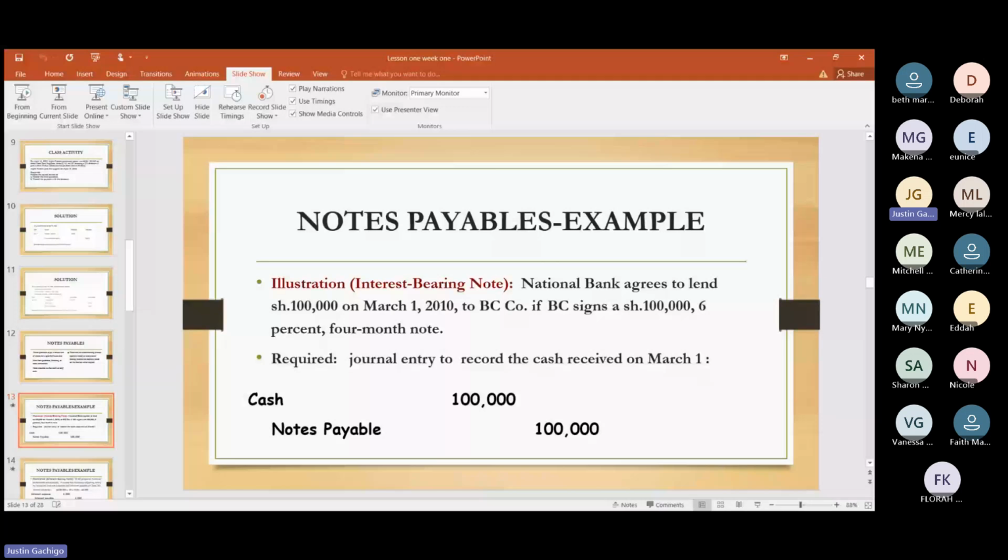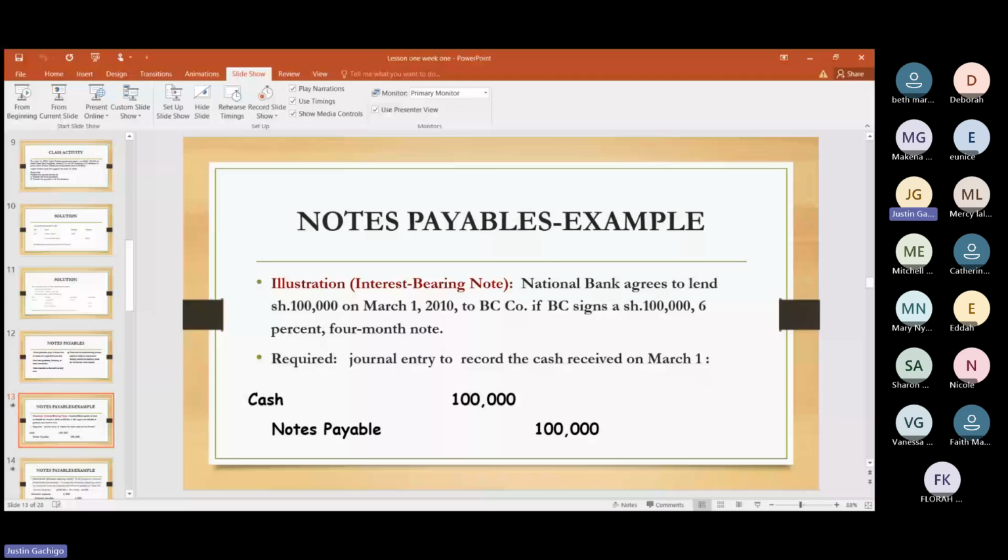But now remember, there is this concept of a 6% 4-month note. You need to calculate the interest that will be paid, because this note is interest bearing.